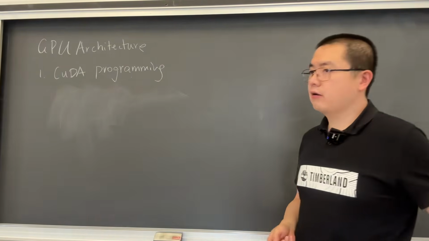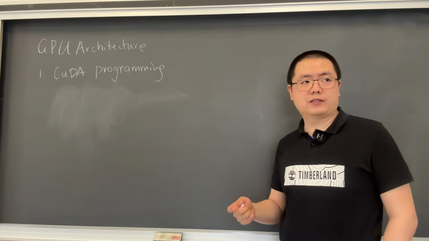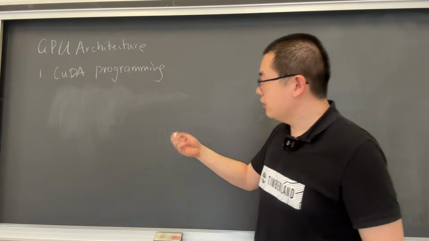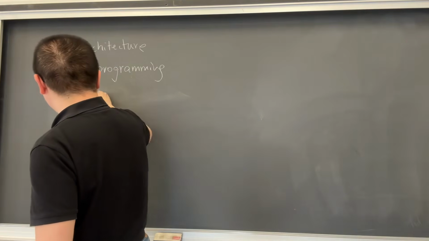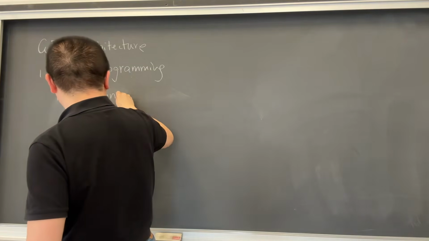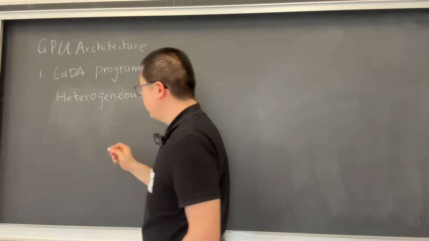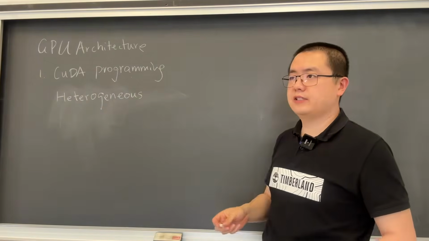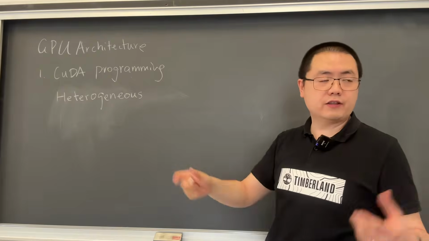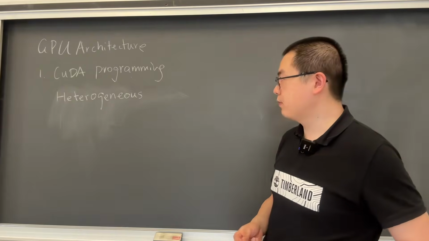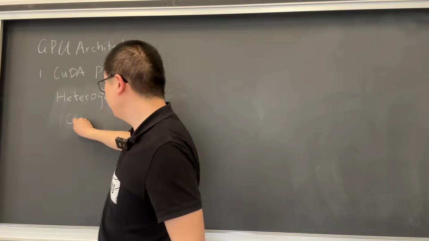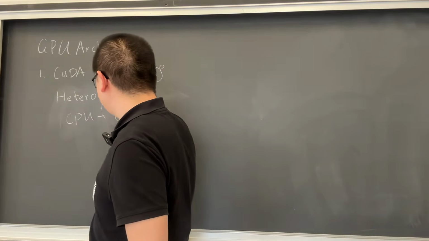CUDA programming includes 2 parts, since we're talking about heterogeneous programming. When we say heterogeneous programming, we mean 2 different devices working together. For a very, very long time, when people said heterogeneous programming, it equaled CPU plus GPU programming.